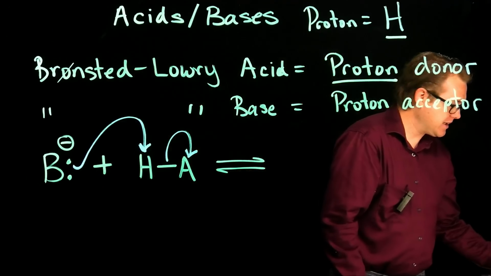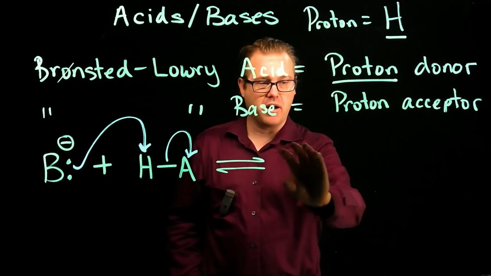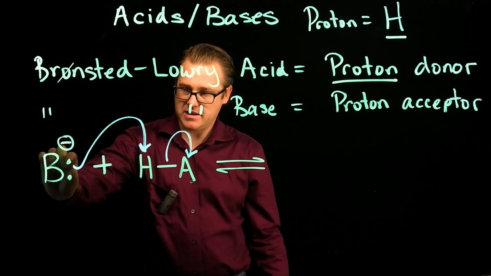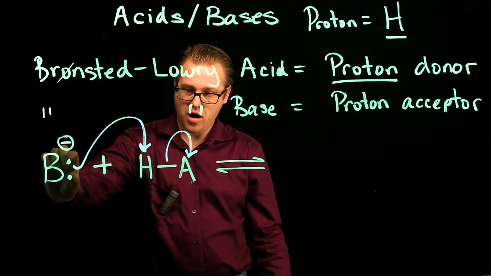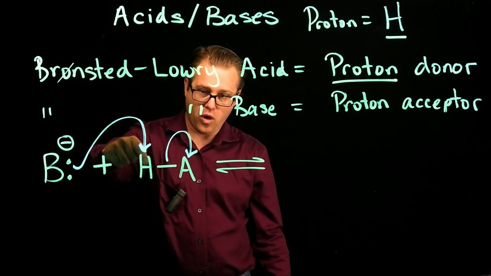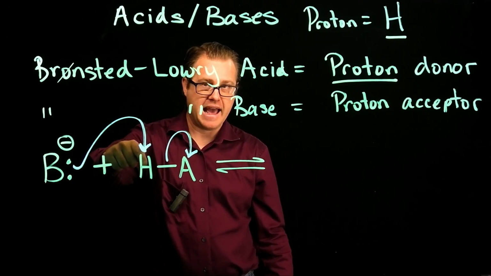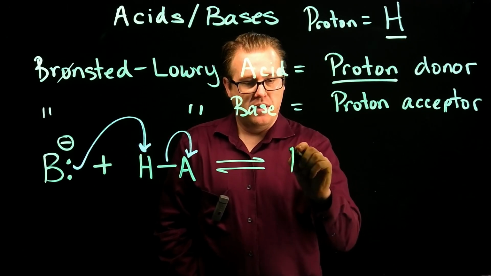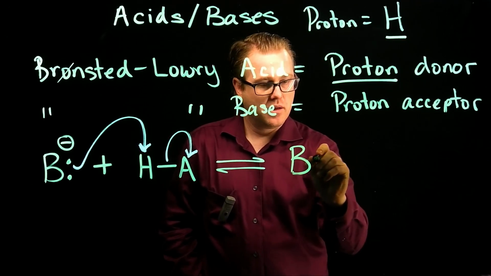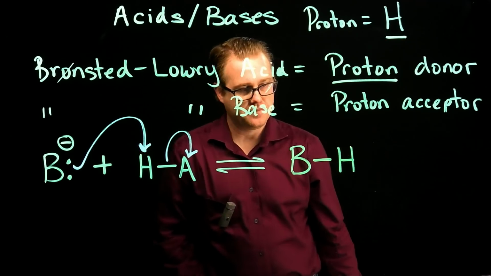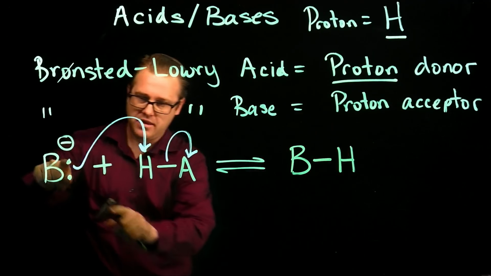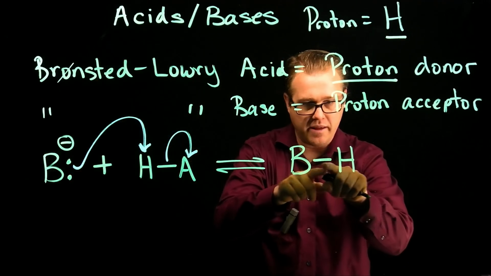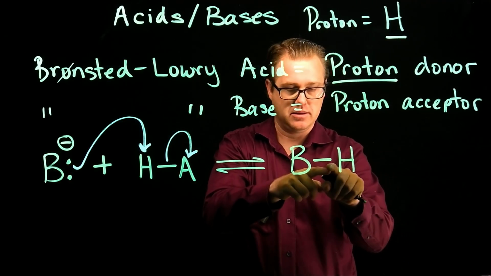And when that breaks, what's going to be our product on this side? Well, these lone pairs right here are coming to form a bond with that hydrogen atom. Do you see how this lone pair, two electrons, are right there in that covalent bond?